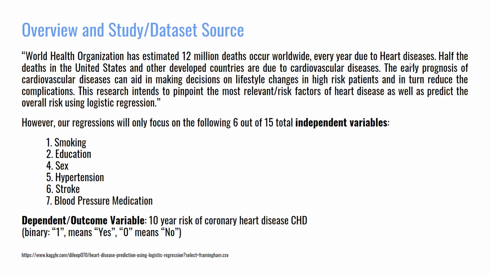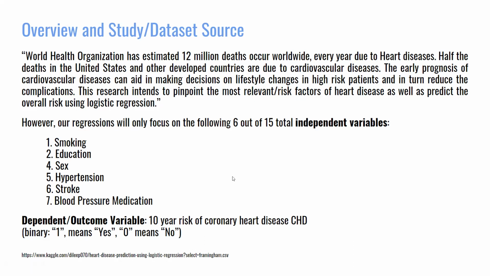Half the deaths in the United States and other developed countries are due to cardiovascular diseases. The early prognosis of cardiovascular diseases can aid in making decisions on lifestyle changes in high-risk patients and in turn reduce the complications. This research intends to pinpoint the most relevant risk factors of heart disease, as well as predict the overall risk using logistic regression.